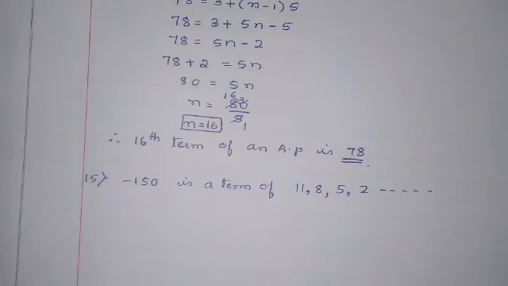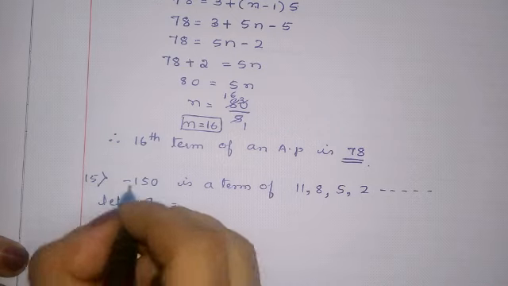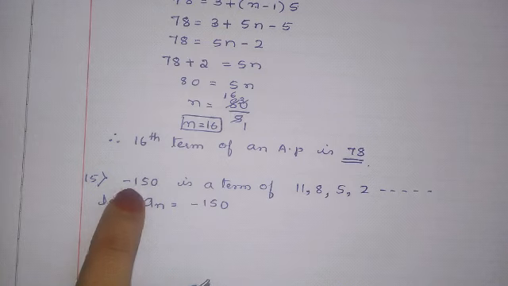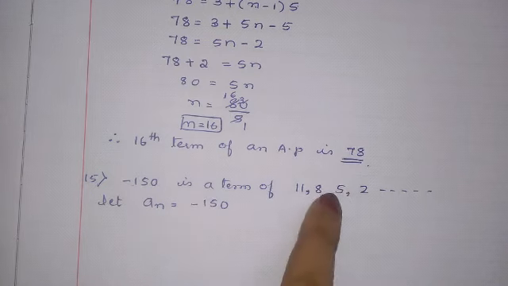Let us write, let an be equal to minus 150. We have to assume the nth term as minus 150 and check whether it is a term of this given AP or not.